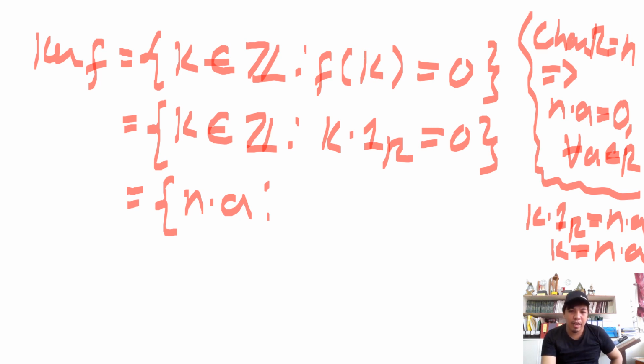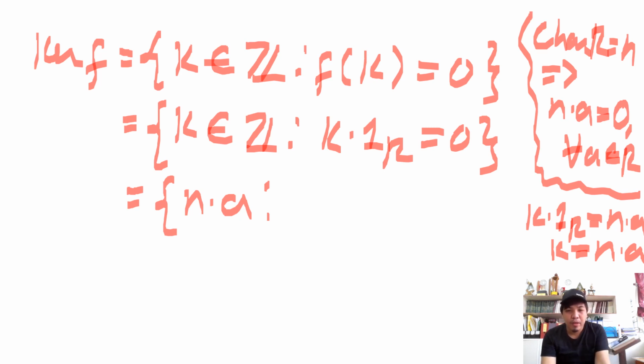So it means that n here is already an element of the set of integers. So how about a? Notice that for k to be an element of the set of integers, both of its factors should also be an element of the set of integers. That is by virtue of the closure property.